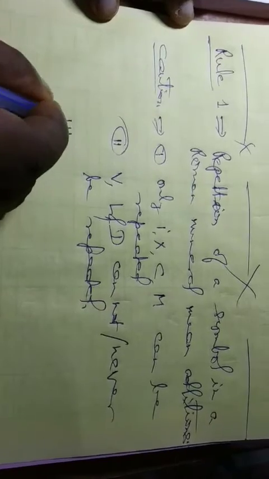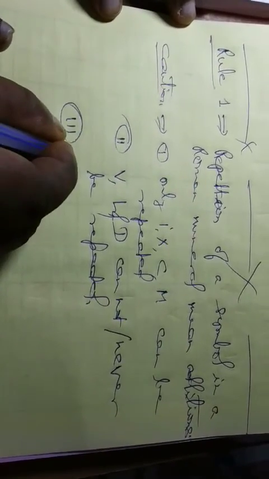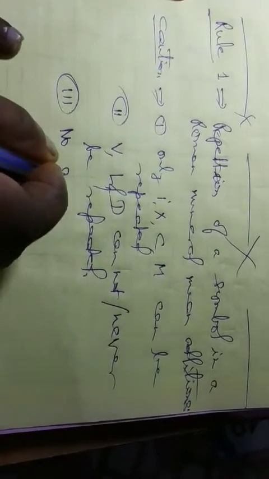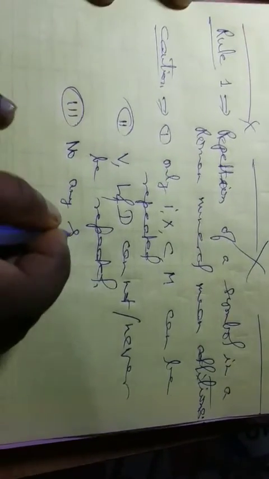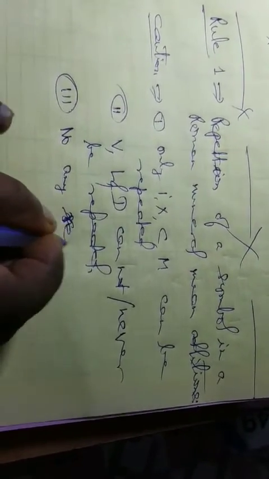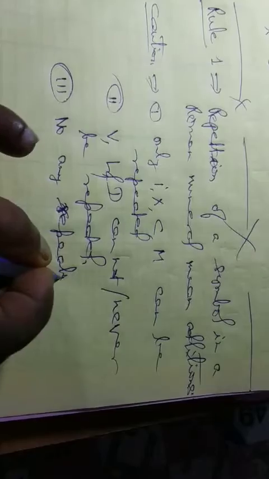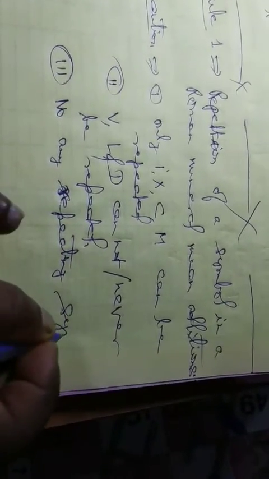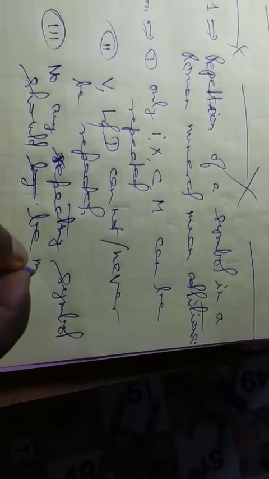Third point: no repeating symbol should be repeated more than 3 times.